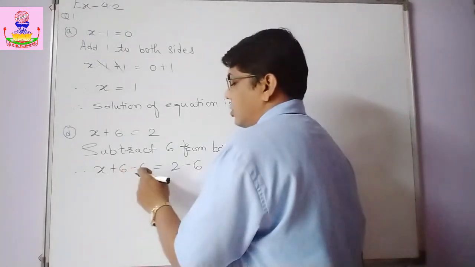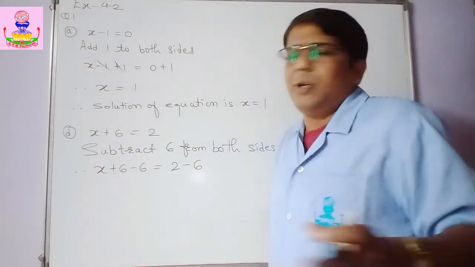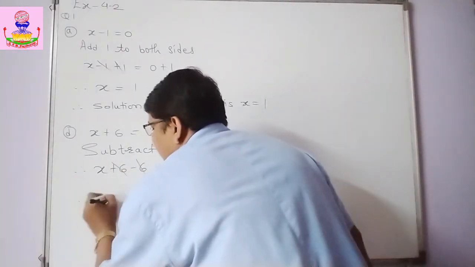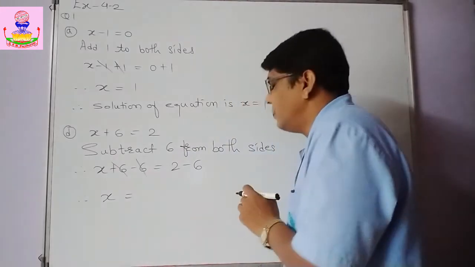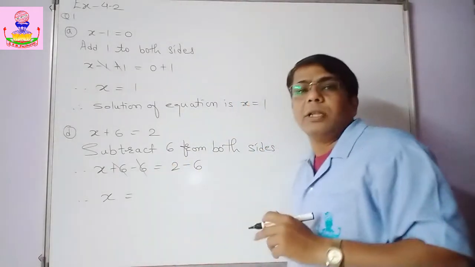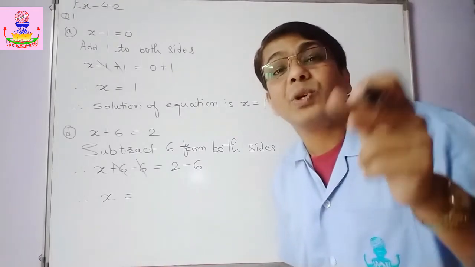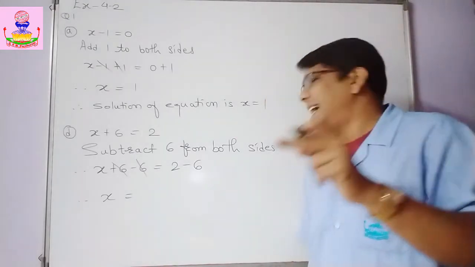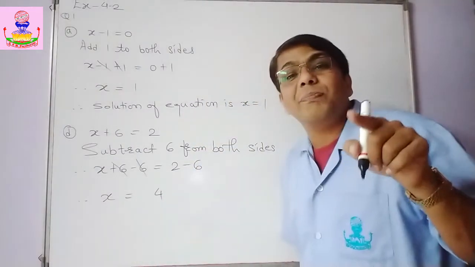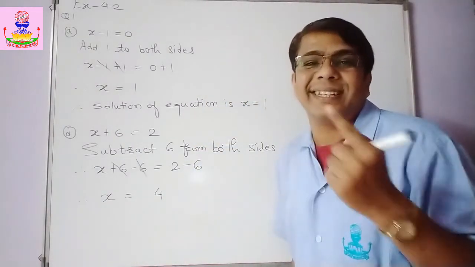Now here plus 6 minus 6 is 0, so it cancels. Therefore what is left? x. So x is equal to 2 minus 6. Here this is plus 2, this is minus 6. Difference in sign, so go for subtraction. 6 minus 2 is 4. Give the sign of the bigger number. Which is the bigger number? 6.